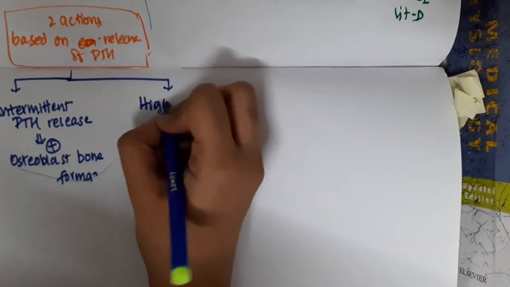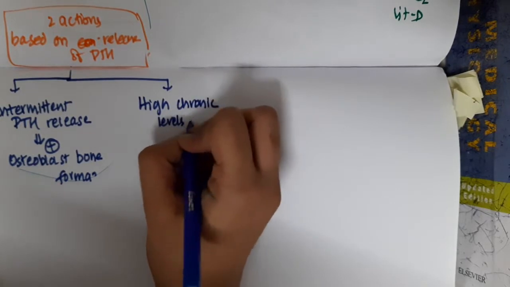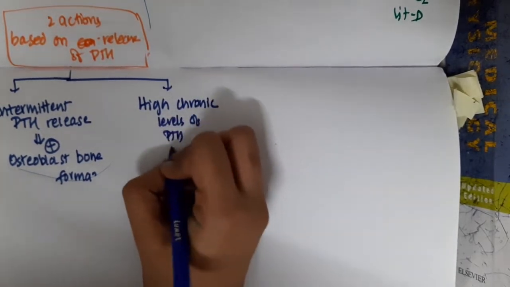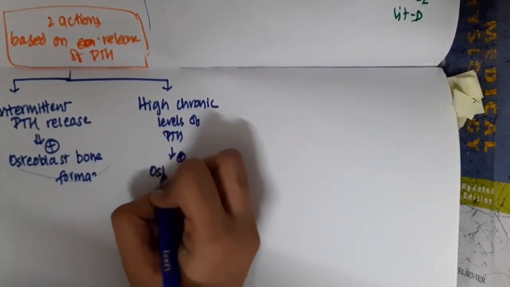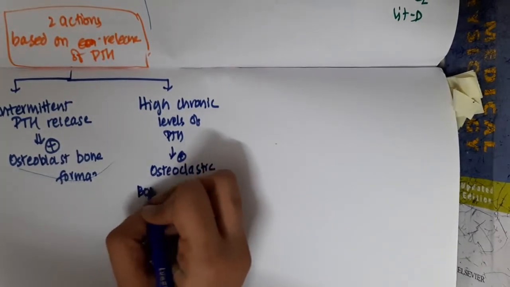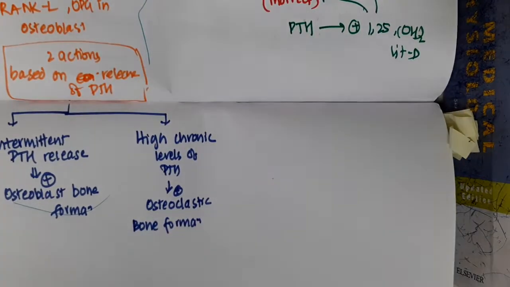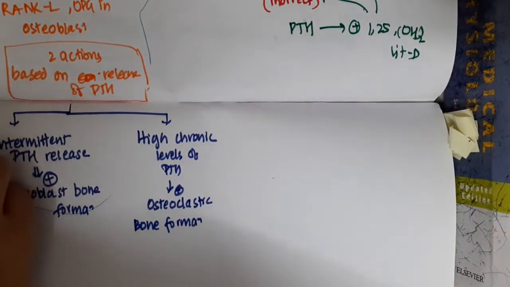Whereas if there are high chronic levels of parathormone, this will promote osteoclastic bone resorption. So these are the two important actions of parathormone on bone.